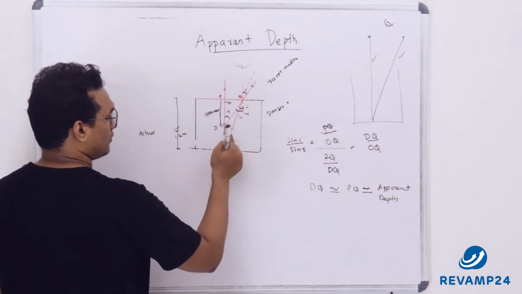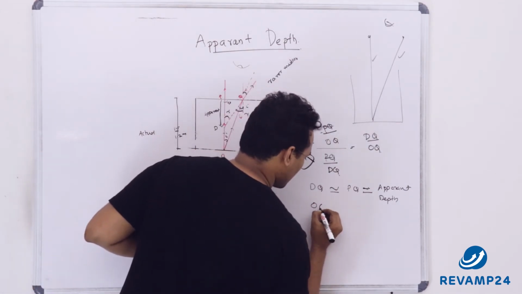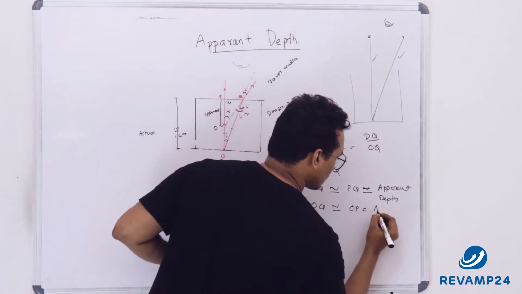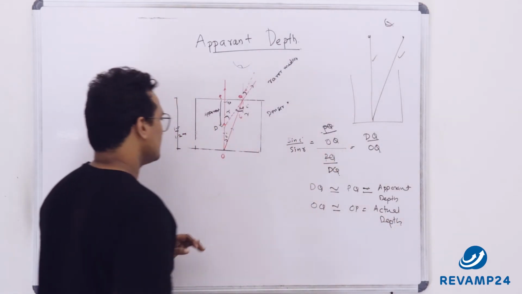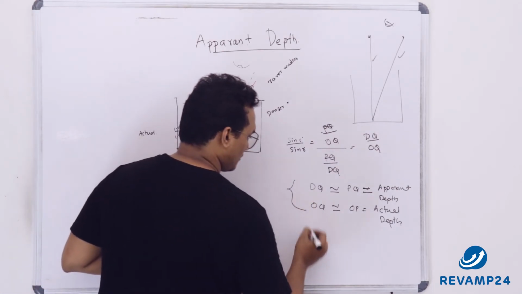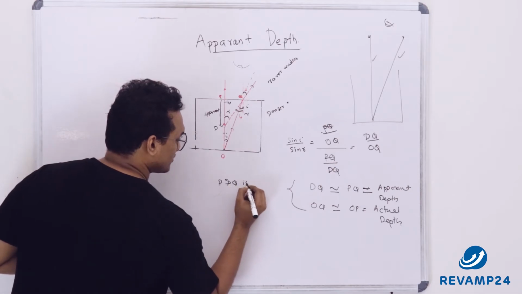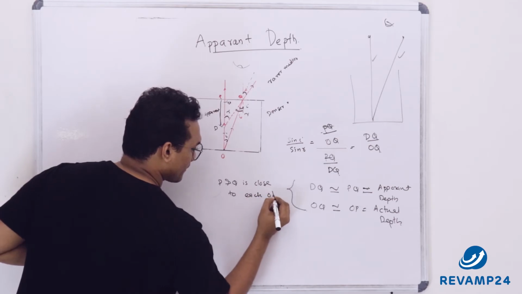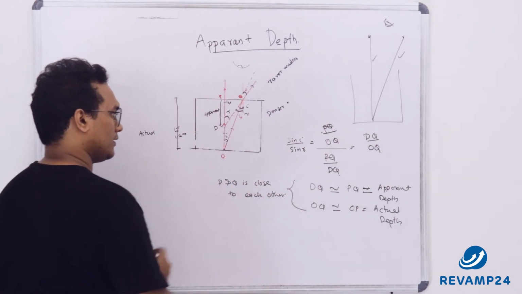Now at the same time OQ would approximately equal to OP. OQ is approximately equal to OP, which is the actual depth. So what is the consideration we have made? P and Q are close to each other. This is the approximation we made.